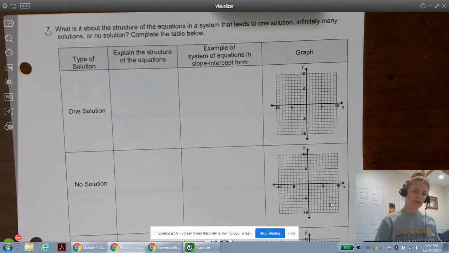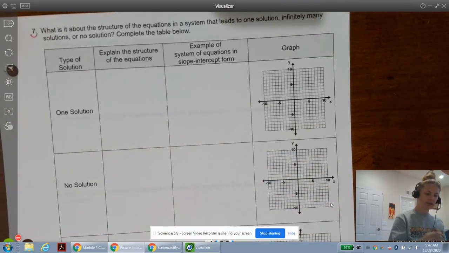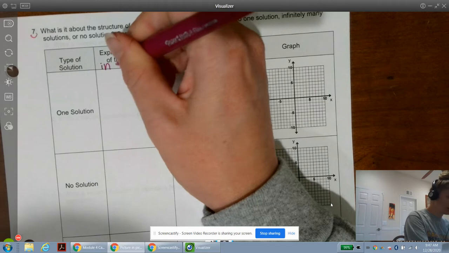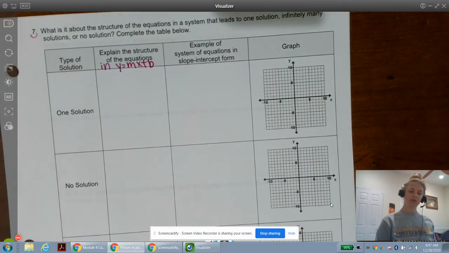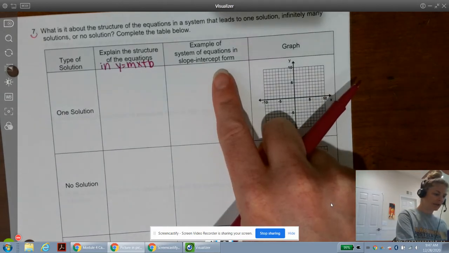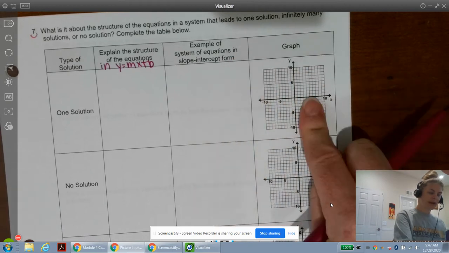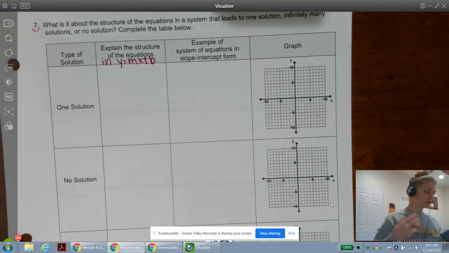For each type of solution, we explain the structure of the equations, and we're always going to explain in y equals mx plus b because that is the most efficient way to graph. We'll have an example of a system in slope-intercept form and a quick little graph.